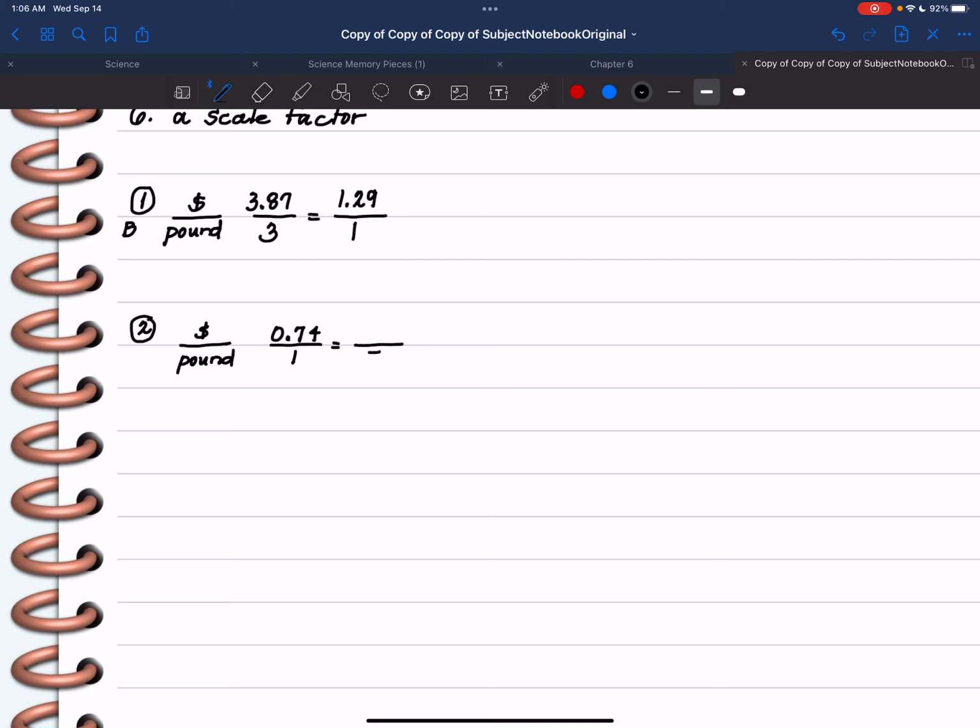But we want to buy 5 pounds. So this time we're going to multiply. 74 times 5 is 3.7. Divide that by 1, and that is $3.70. And that will be answer C.